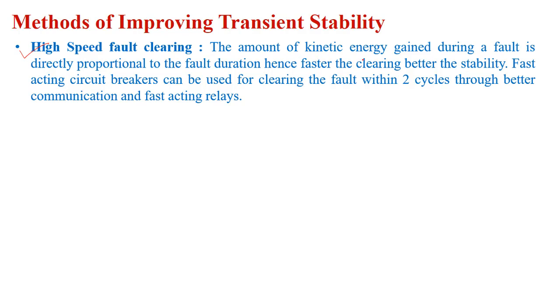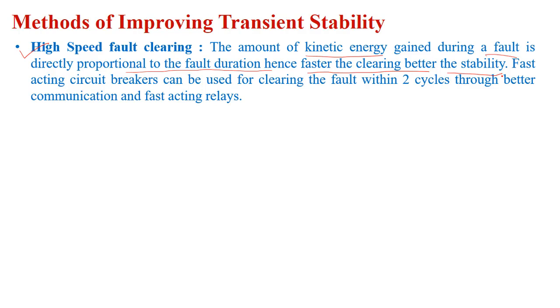The kinetic energy is gained during the fault, and it is directly proportional to the fault duration. As the fault duration increases, the kinetic energy gained by the system will increase. Hence, the faster the clearing, the better the stability.